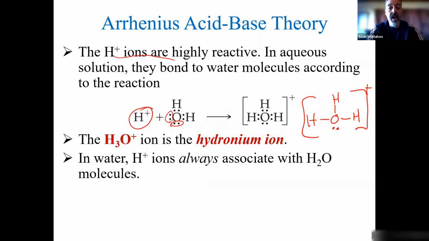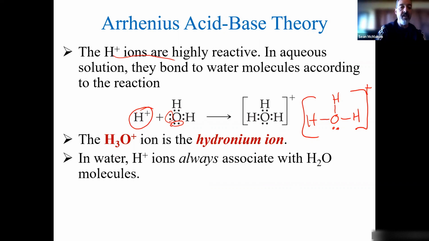So in water, hydrogen ions are going to attach. Every ion that dissolves in water, if you remember from solution chemistry in chapter 9, gets surrounded by the solvent. Remember, that was solvation. So every solute particle is surrounded by the solvent.